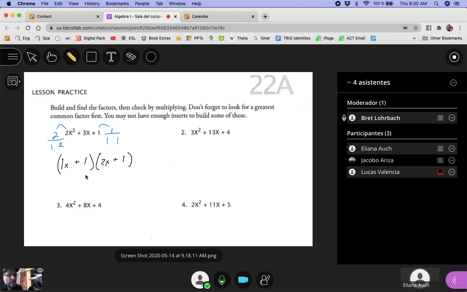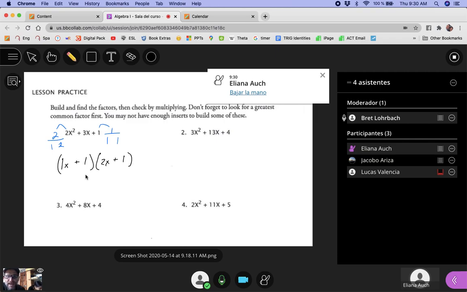Okay, but I put them in order and I check. I have to check because in future problems there's going to be multiple options, and I have to check which one works.